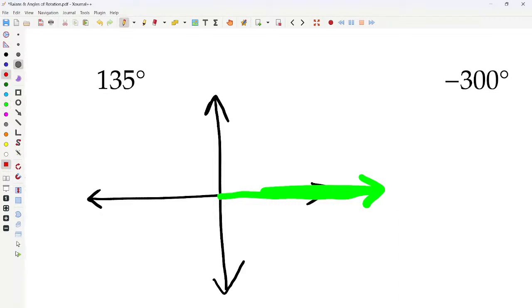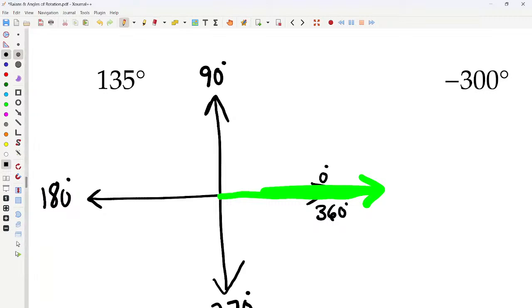Since it's positive, we must start moving it towards the ceiling. Now, there are some other common things we as humans know. This would be 90 degrees. This is 180 degrees. This would be 270 degrees. And all the way back around would be 360.